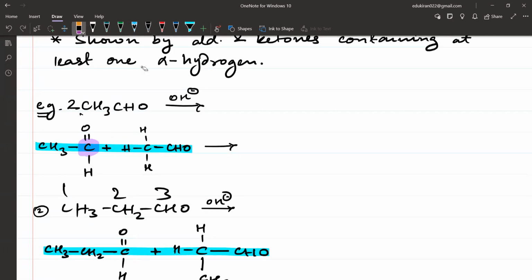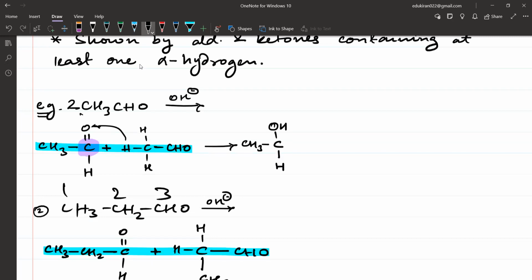And now you will tell me what should I write? This carbon atom will become COH. Hydrogen will shift to this oxygen, so it will become OH. So tell me, what should I write here in the product? CH3, bonded to CH(OH), and it also has a hydrogen here.